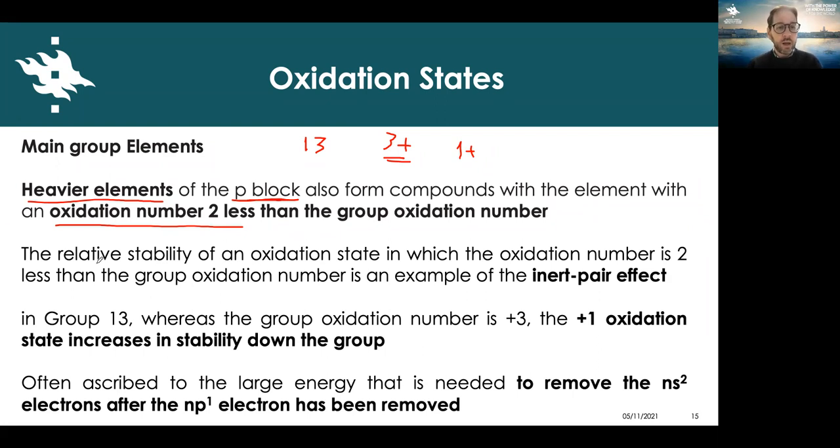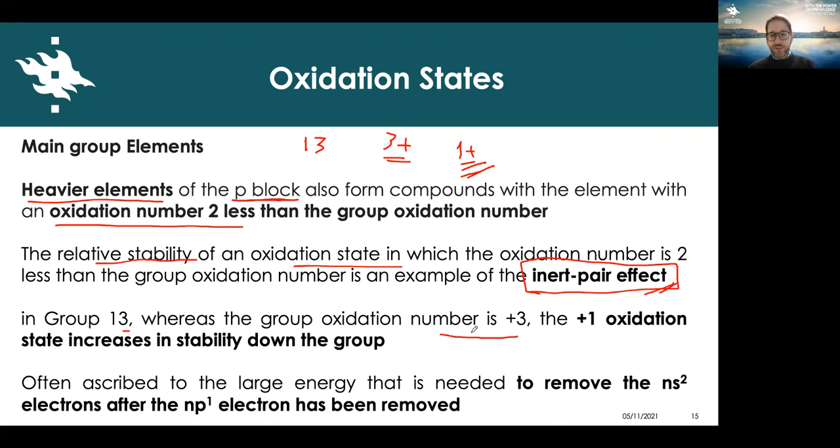And this relative stability of the oxidation state in which the oxidation number is 2 units less than the group oxidation number is an example of the inert pair effect. So in this case, for group 13 that I just mentioned, while the group oxidation number is +3, the +1 oxidation state increases in stability when we move down the group.